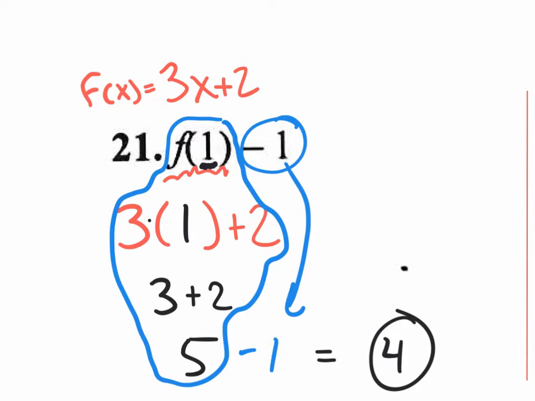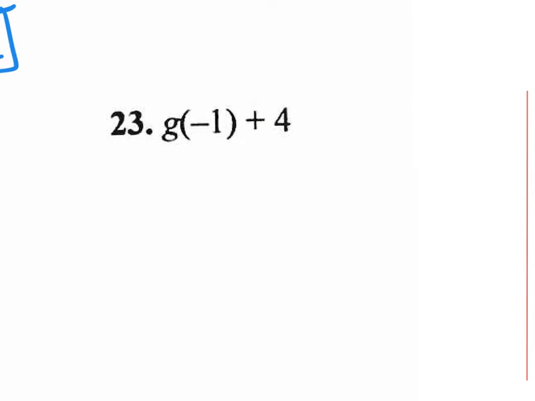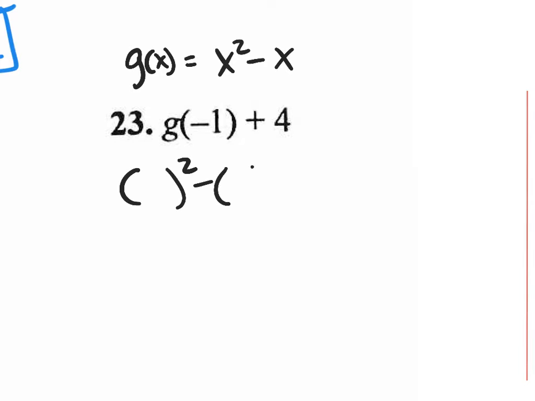Let's move on to 23. G of negative 1 plus 4. So g of x is x squared minus x. So we're going to rewrite it, x squared minus x, but instead of x's I put parentheses. And then I'm going to plug in the negative 1 into the parentheses. Negative 1 there, negative 1 there. And then I'm going to do the math.